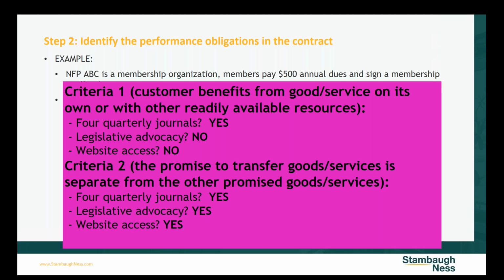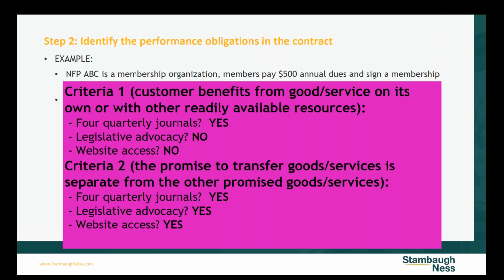So in this case, the 4 quarterly journals, as I said, can be used on their own. Those journals come 4 times a year in the mail, and I can open one up and read it, and I'm not reliant on anything else to benefit from that performance obligation or promise of the contract.